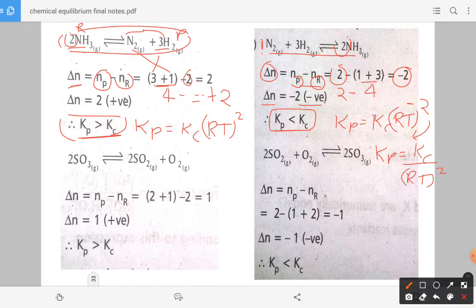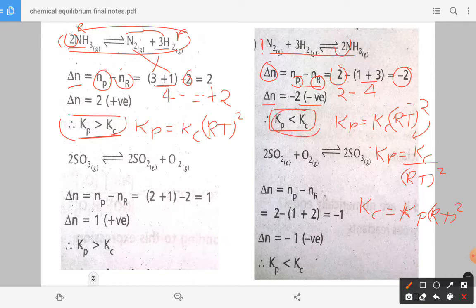Or again, simply Kc equal to Kp into RT squared, like that also you can write. So simply what I want to convey is that in this case Kp is less than Kc.